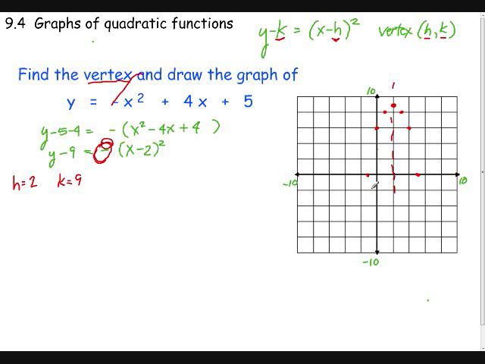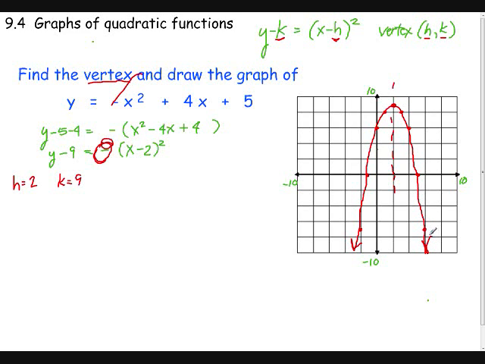Oh, that gets a little tricky. So here's 10, 12, 14, 16. So I have this lovely parabola coming right down through here. Let's see if I can get up here and down through here.